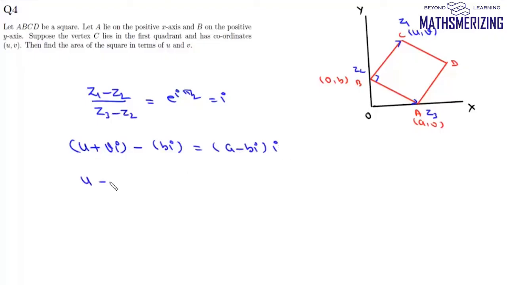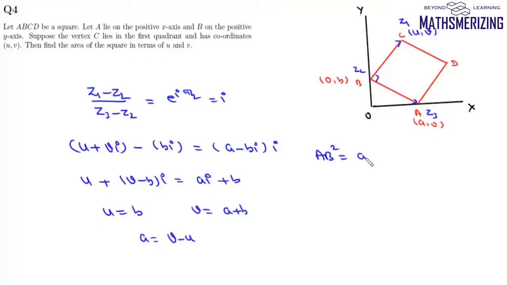So we can write u + (v - b)i, and it'll be equal to ai + b. So from here we'll get u equals b and v equals a + b. So basically we can write a as v - b, which is v - u.